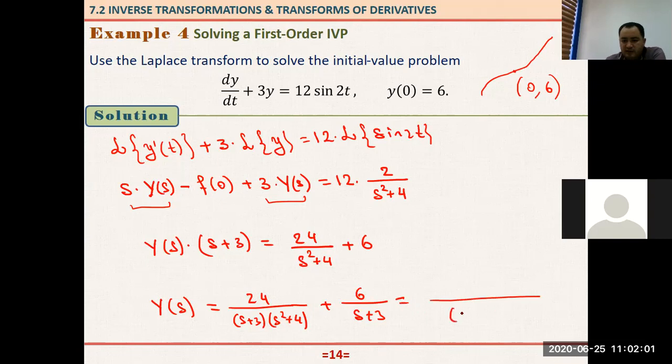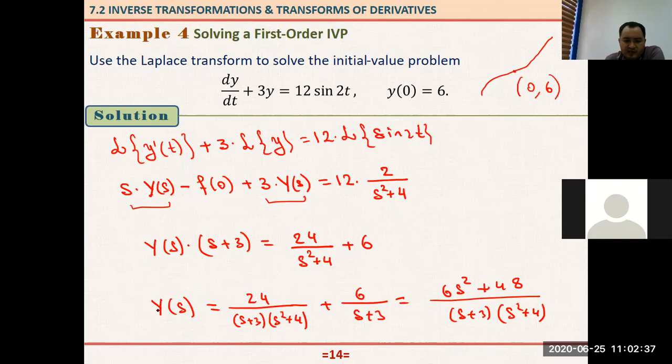Multiplying by s squared plus 4, the common denominator, I have 6s squared, 6 times 4 is 24, plus 24, that's equal to 48. Did I forget anything? Here we have s plus 3, and 12 times 2. Okay, everything's all right.